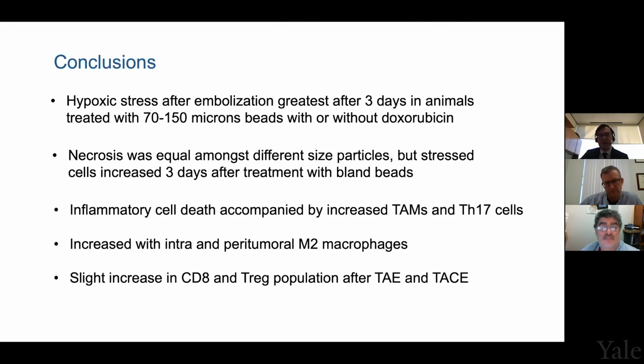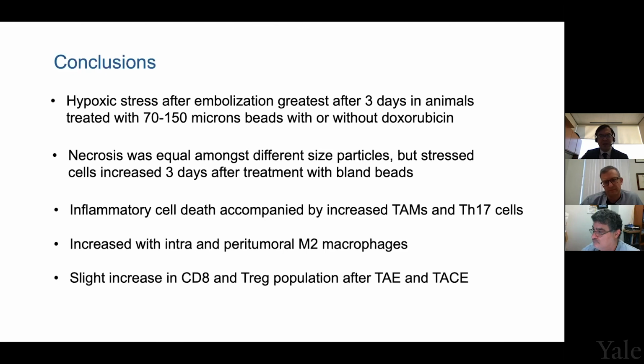Both the VX2 as well as the N1S1 in rat, or even the buffalo one that we use here, are a little more vascular, but they're still not as vascular as a human HCC. And that changes the amount of bead you get into the tumor, because if it has fewer, smaller vessels, you're going to get fewer beads in the tumor.